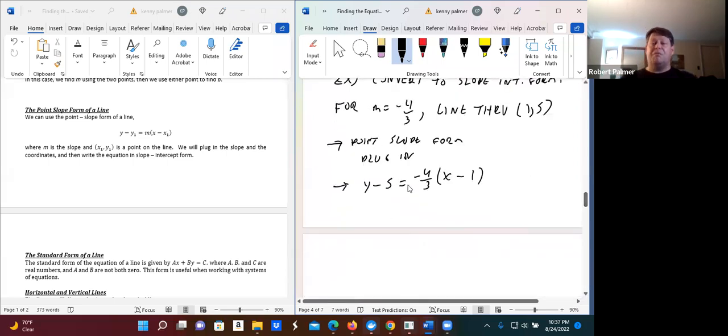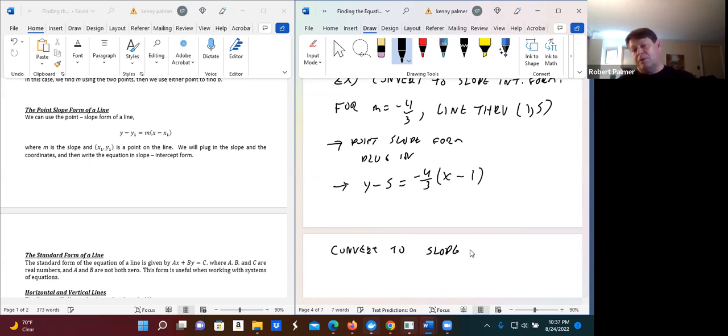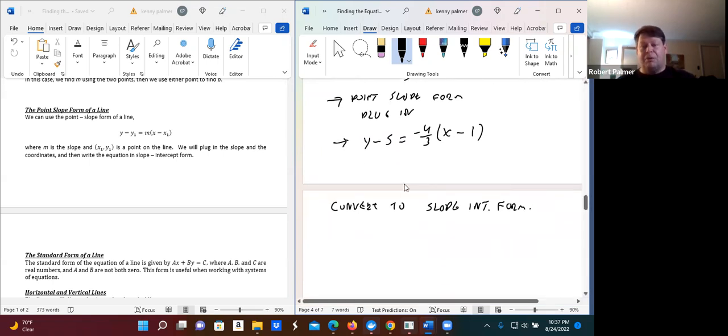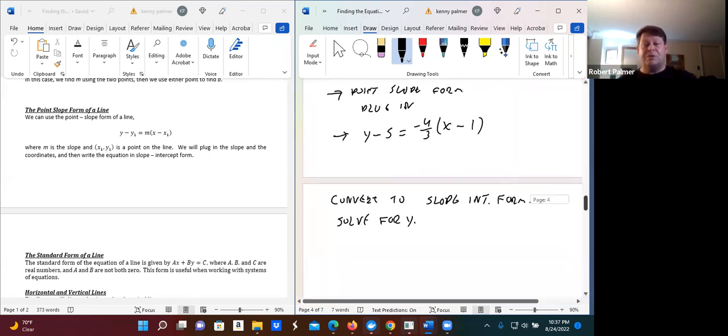So in terms of point slope form, we're actually done. What we do here now is convert this to the slope intercept form. How we do that is we solve for y. Think of this like an equation, because it is an equation.